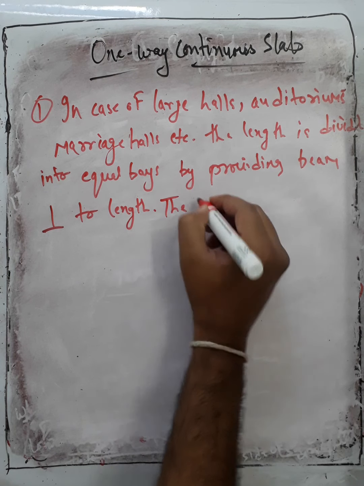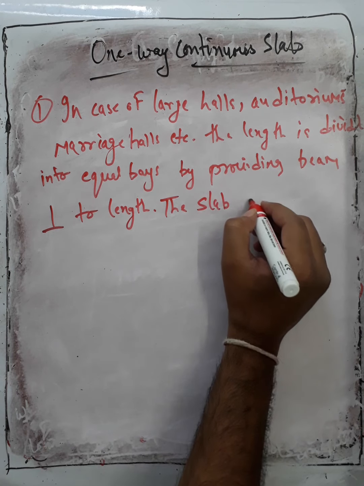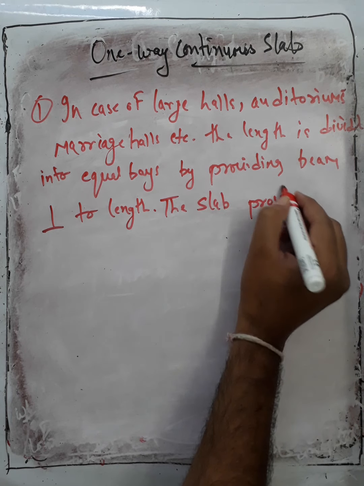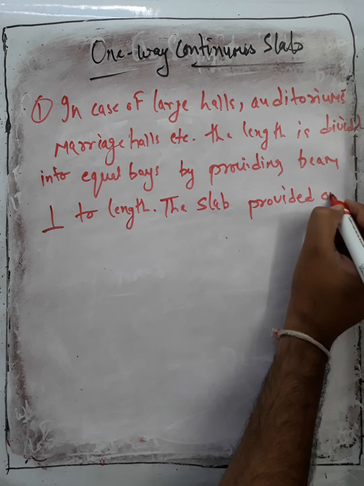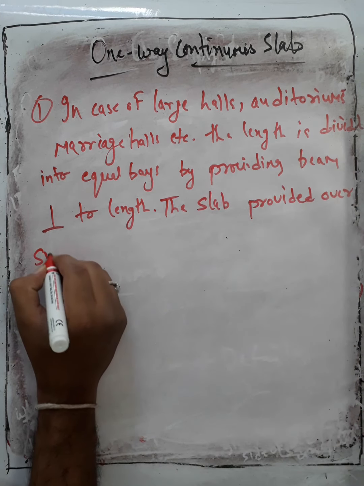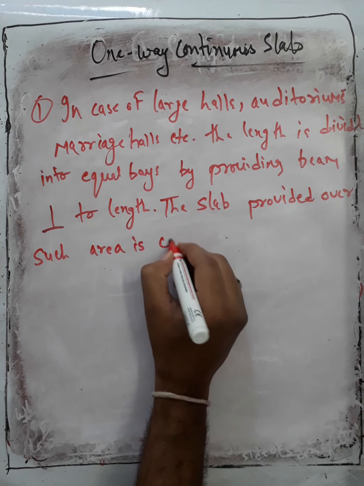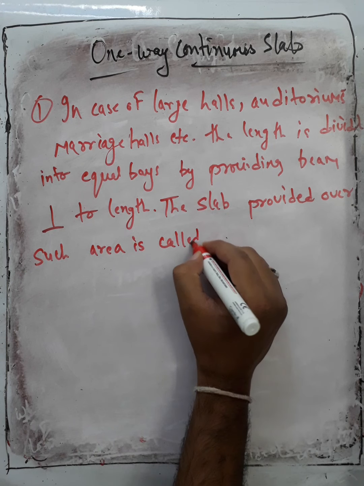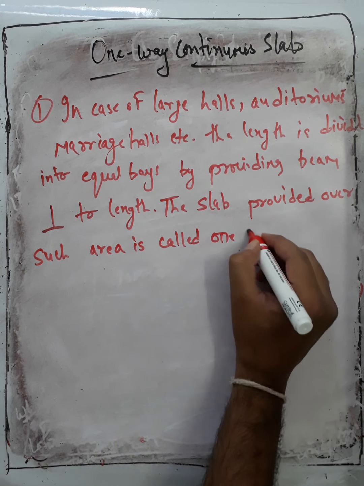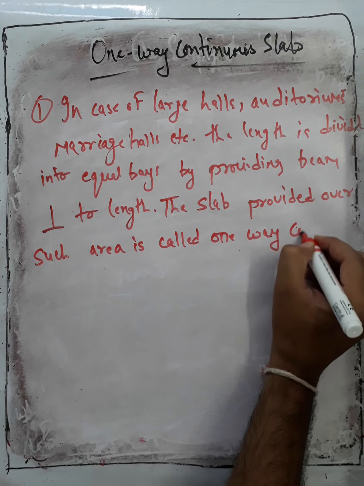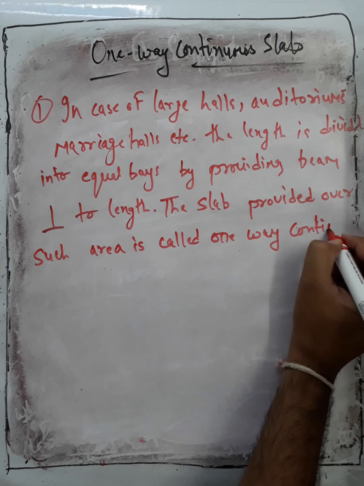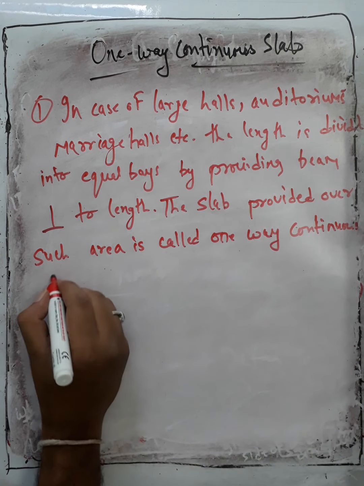The slab provided over such an area is called a one-way continuous slab.